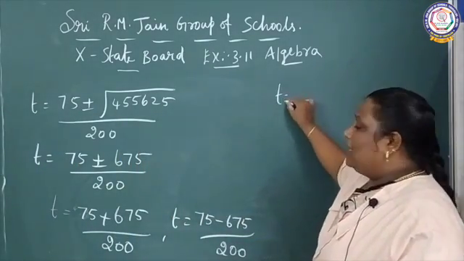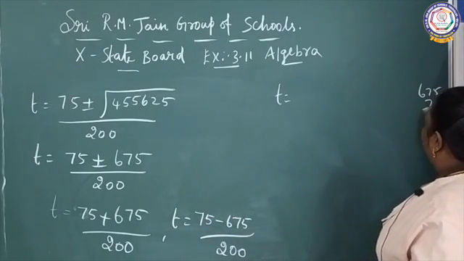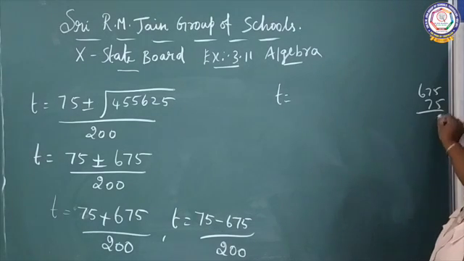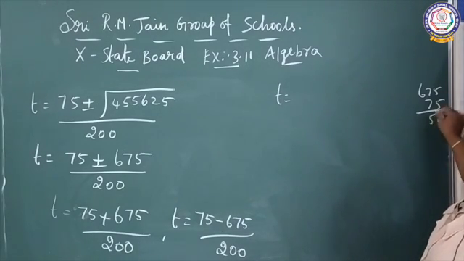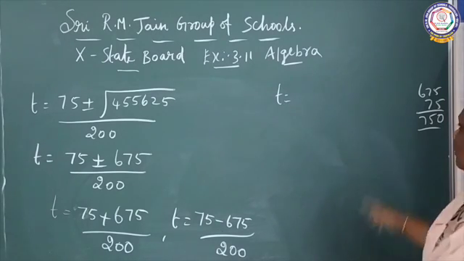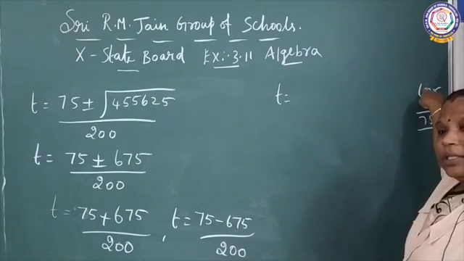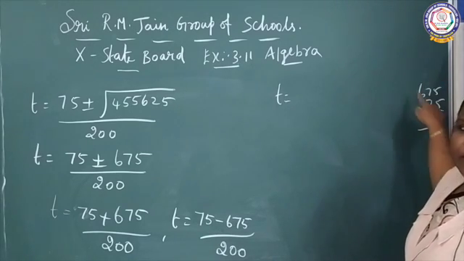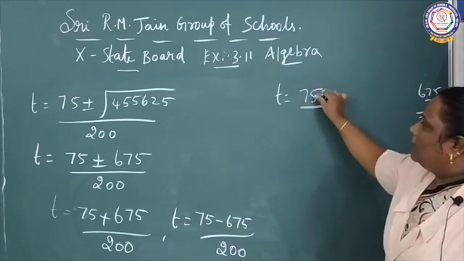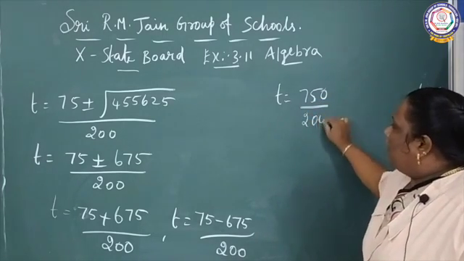So t equals, adding 75 and 675, is 750 by 200.